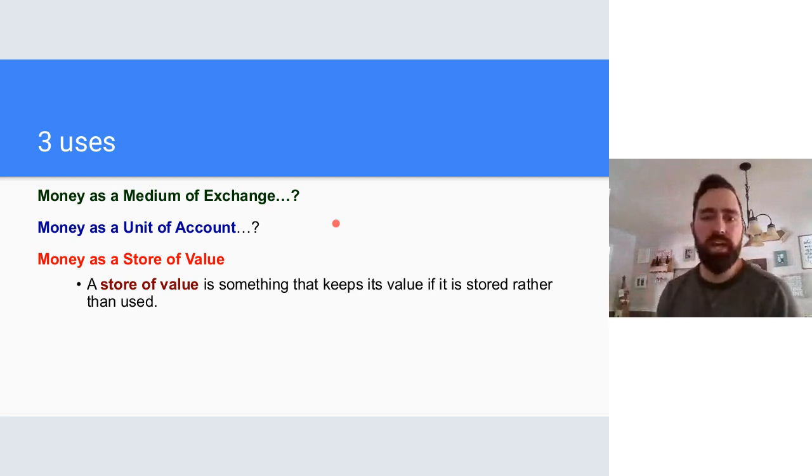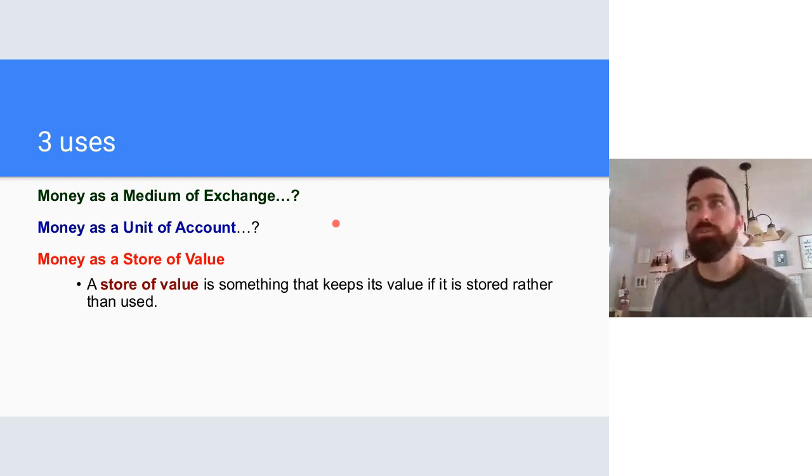And then lastly, I already gave you the definition there, but if you were to take a $5 bill and put it in your desk drawer, and then 2 years from now you take that $5 bill out, that $5 is still worth $5. It still buys $5 worth of goods and services. Sometimes people say, well, what about inflation? $5 isn't going to buy the same amount in 2 years.